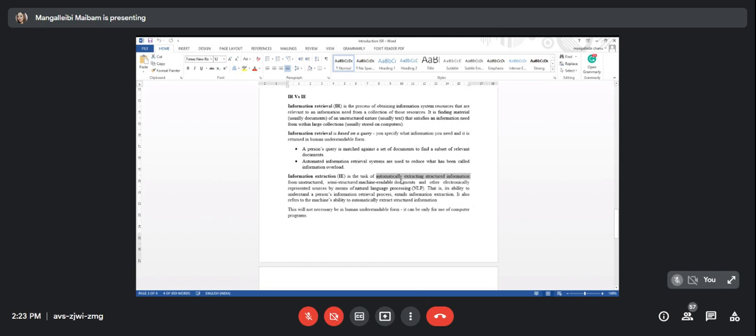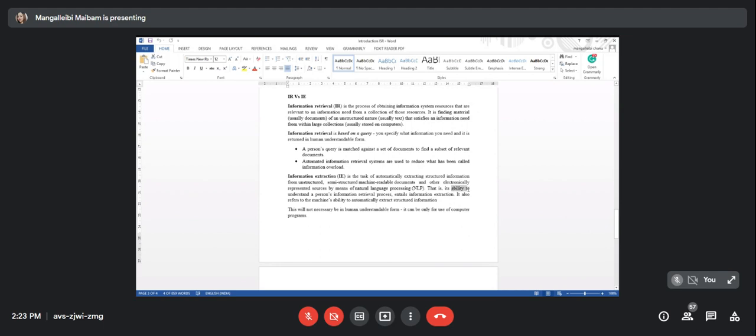It is extracting structured information from unstructured or semi-structured machine-readable documents. So its ability to understand a person's information retrieval process is known as information extraction.